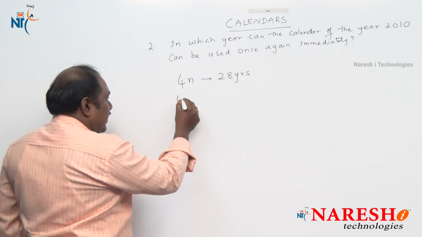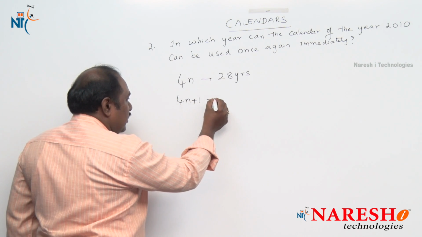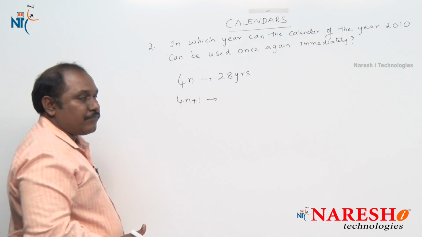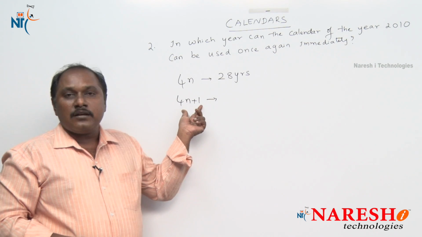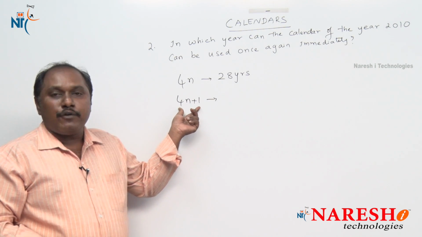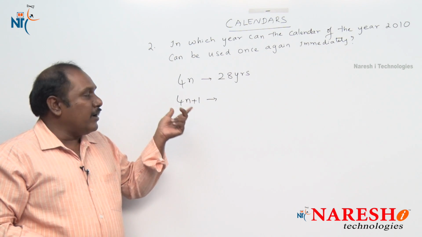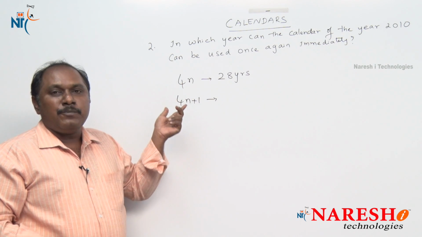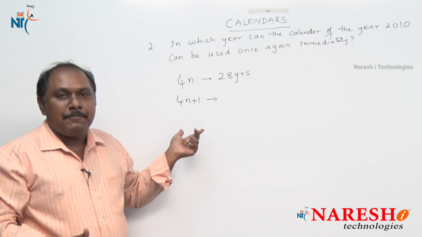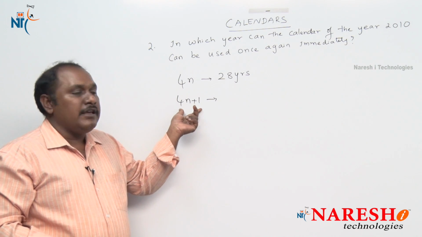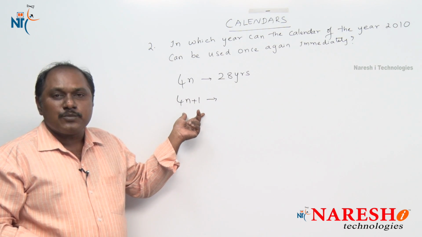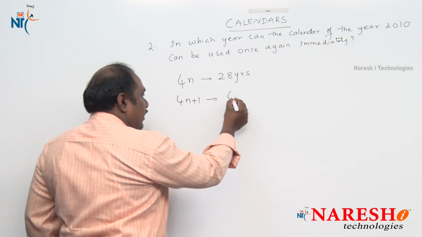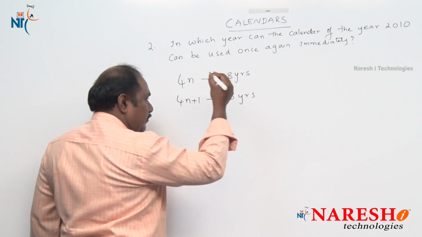Next is the year in the form of 4n plus 1. When I divide that number by 4, the remainder should be 1, or with respect to years, it is the year which comes immediately after a leap year. The calendar of a year in the form of 4n plus 1 can be used after every 6 years.